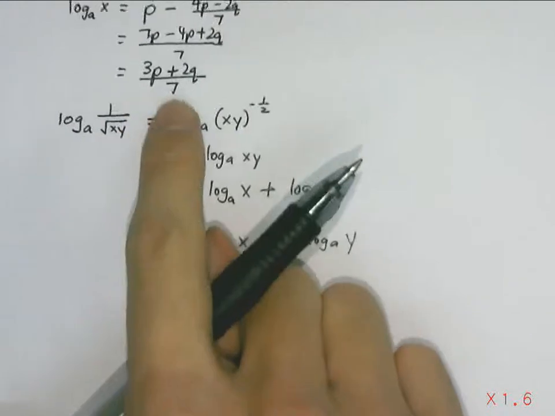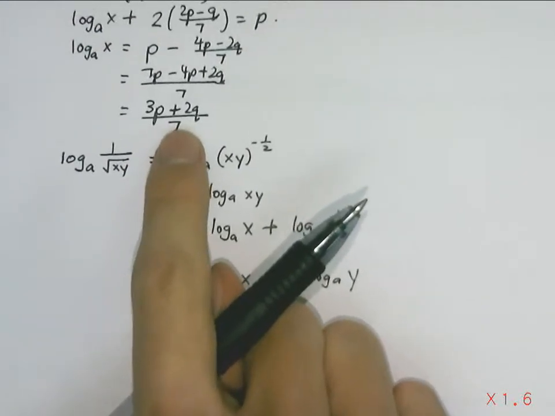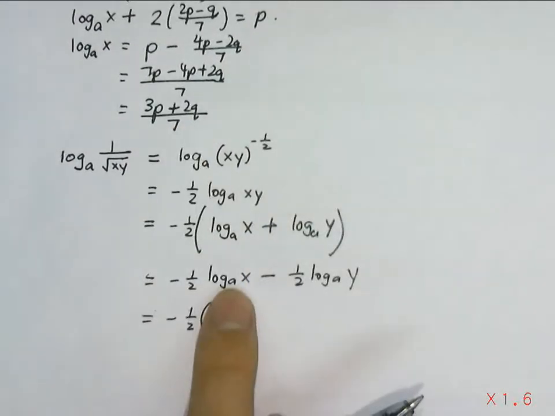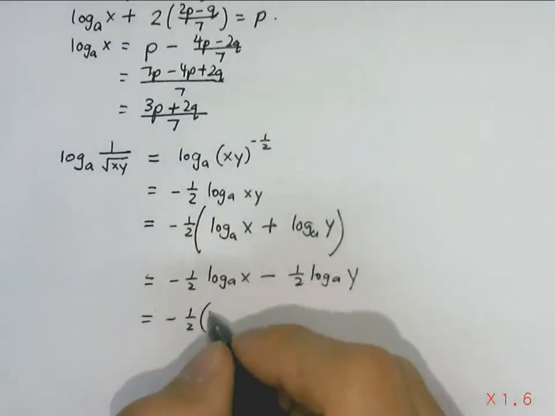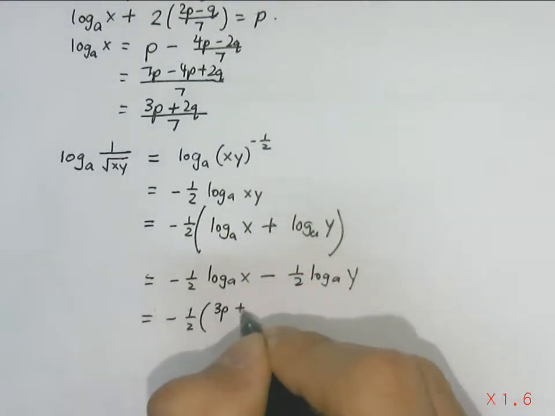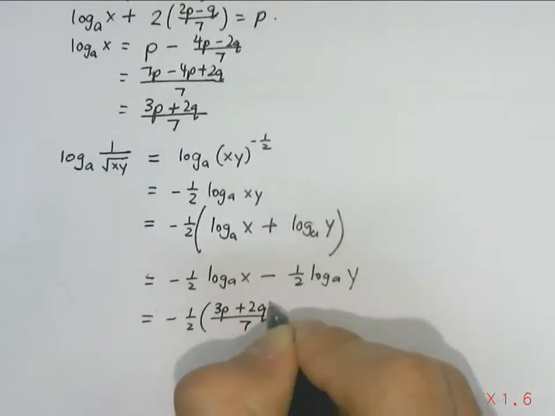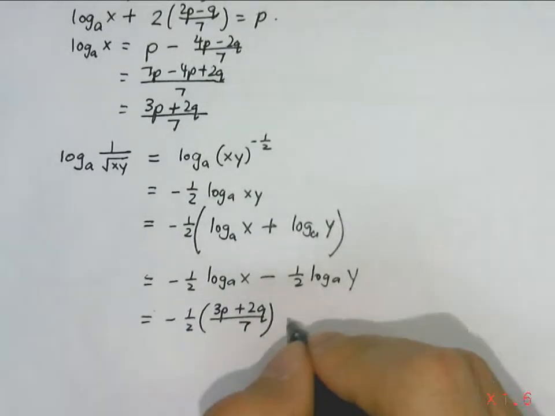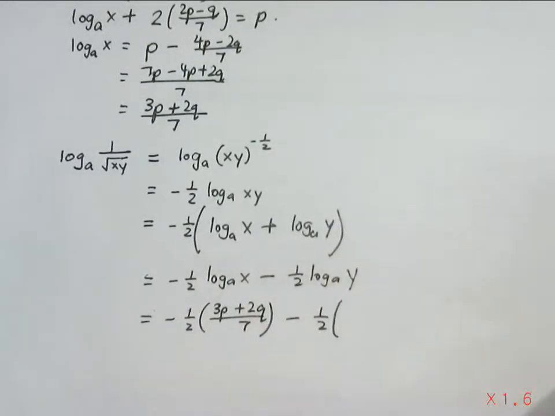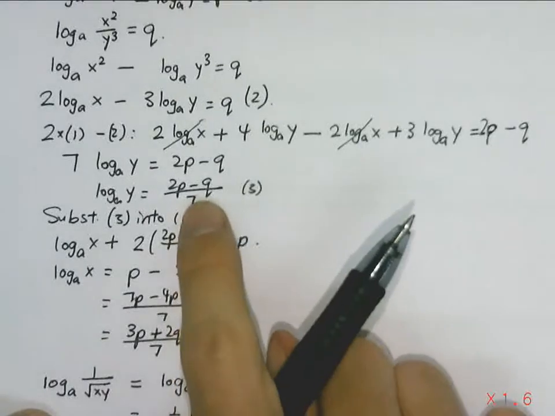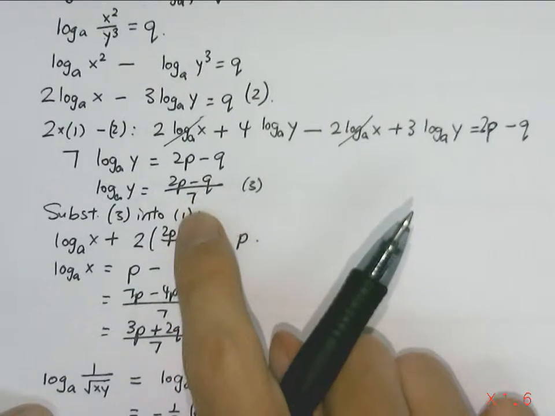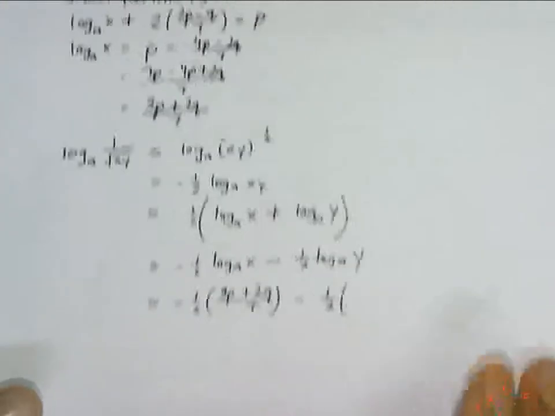So log x base a is this, so I'll substitute inside here 3p plus 2q over 7, minus half times log y base a term in terms of p and q is here, so 2p minus q over 7.